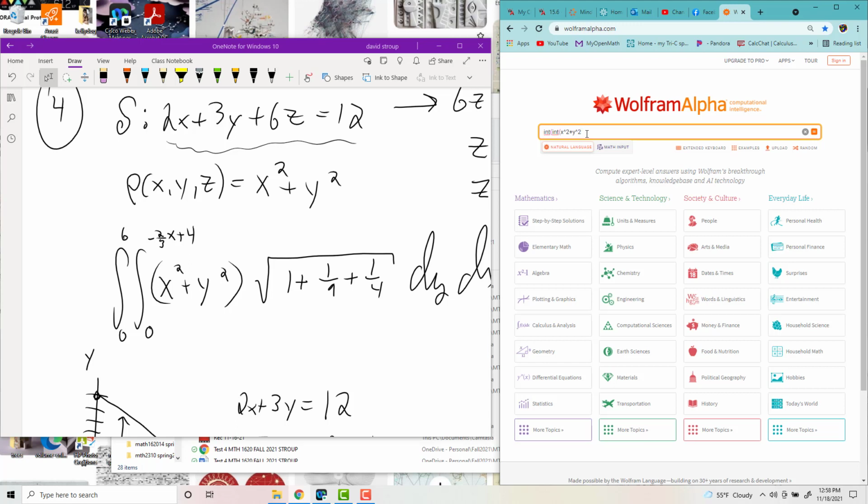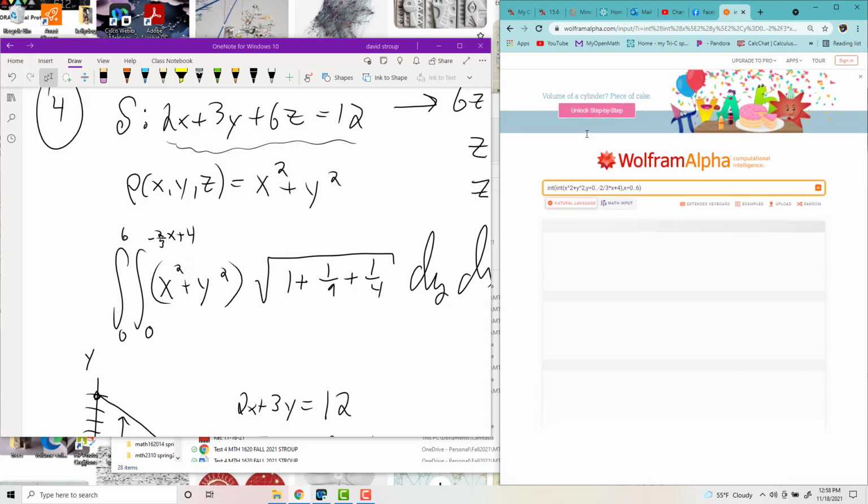And I honestly would not even put that square root junk in there. I just tack that on at the end. So x squared plus y squared, comma, y equals 0 to negative 2/3 x plus 4, comma, x equals 0 to 6. Push enter.